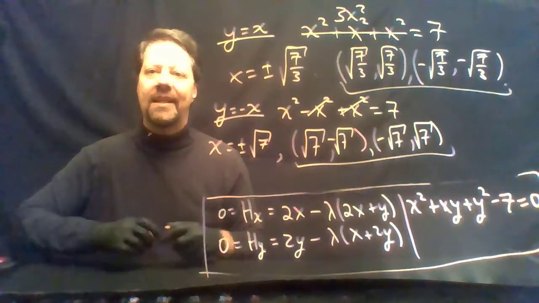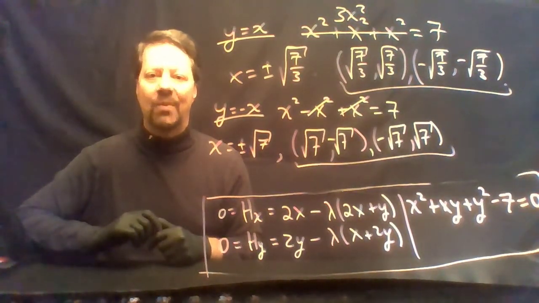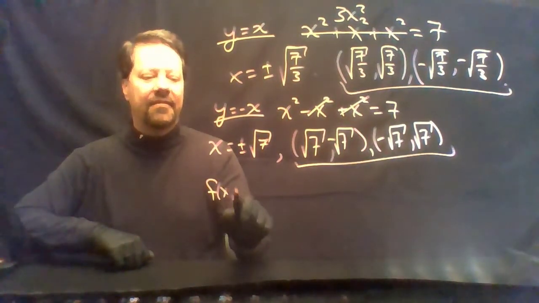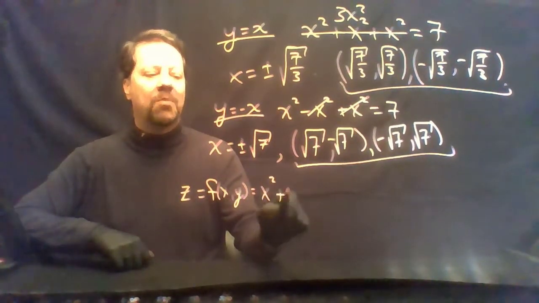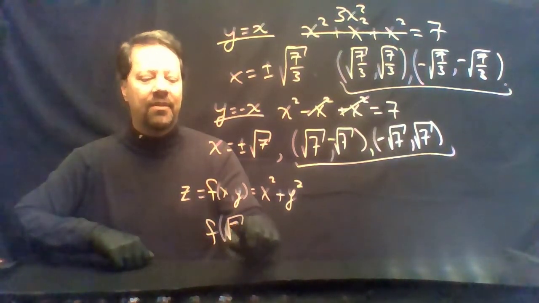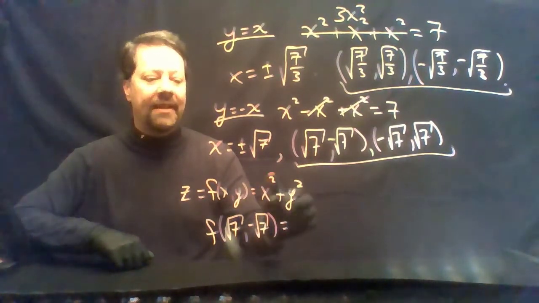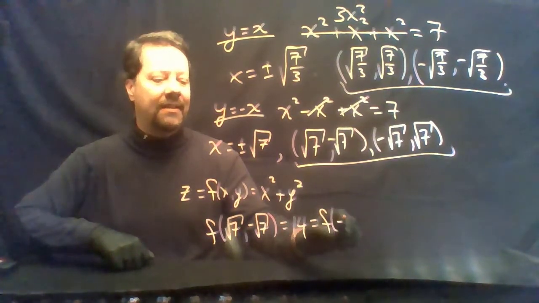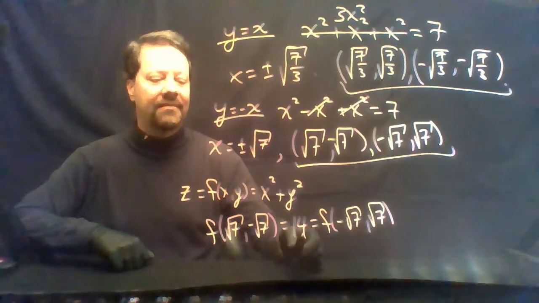We need to evaluate these into the objective function to determine where we get the absolute max and where we get the absolute min. The function f, you'll recall, was x squared plus y squared. So when we evaluate f at root 7, negative root 7, we will get 7 plus 7, which is 14, but that will be the same value as negative root 7, root 7.